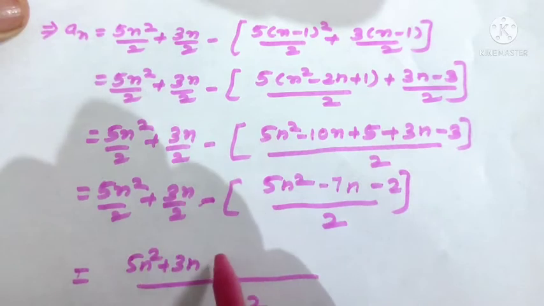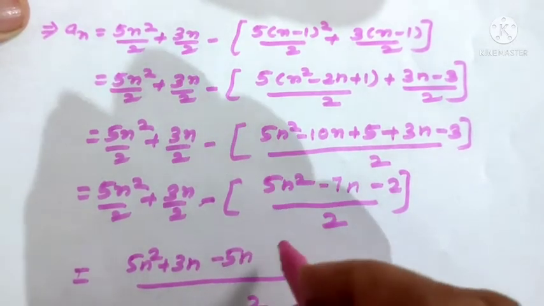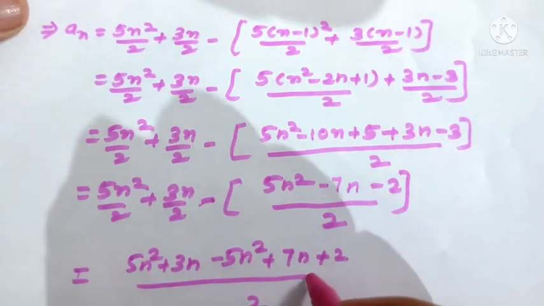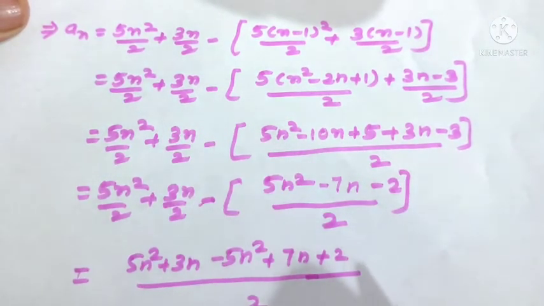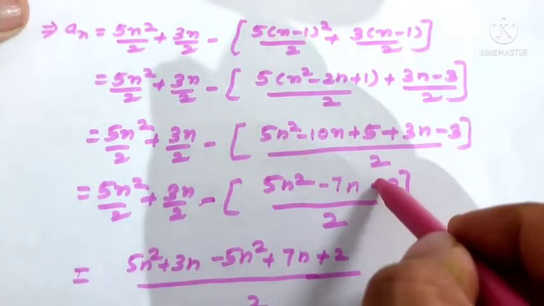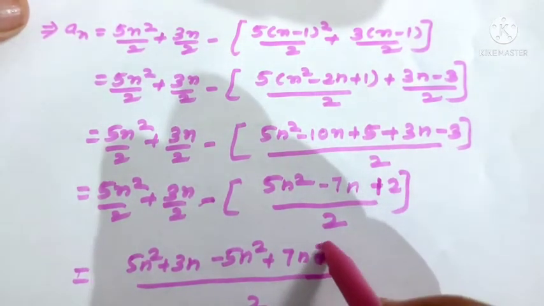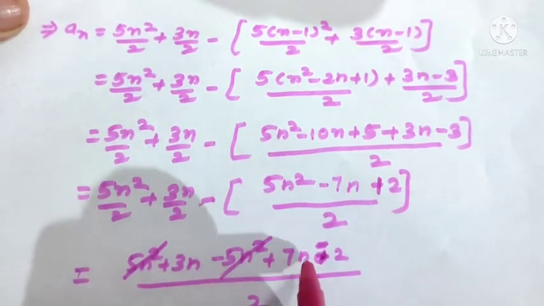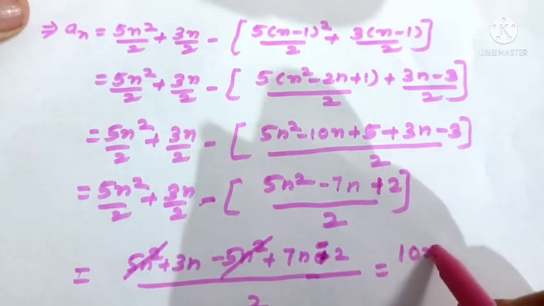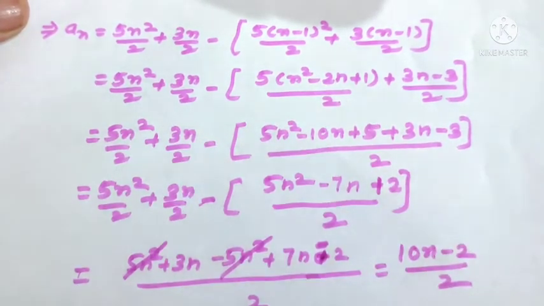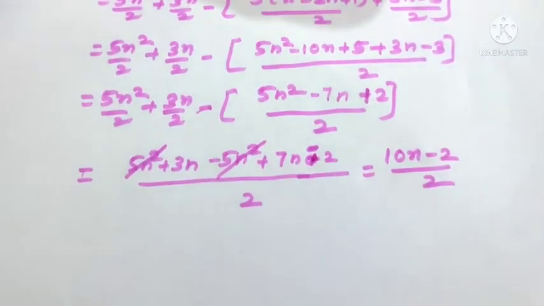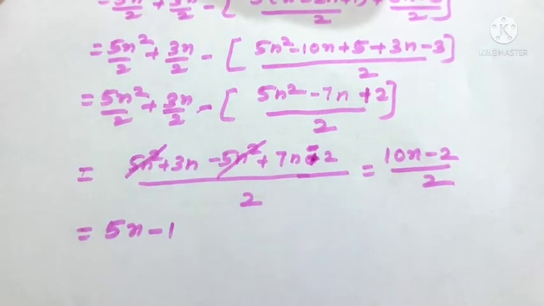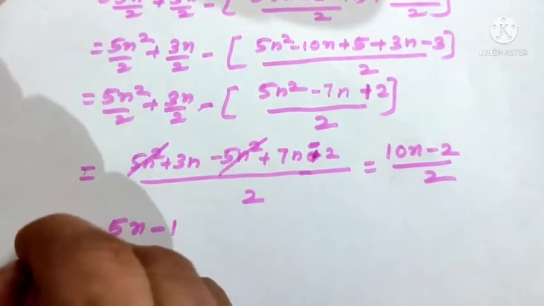Now expand the bracket with the minus sign, so minus 5n square plus 7n plus 2. 5 minus 3 is plus 2 only, so here minus, right? So 5n square will get cancelled, 3n and 7n is 10n, minus 2, by 2. So after the simplification with the 2, it is 5n minus 1. So this is our An.